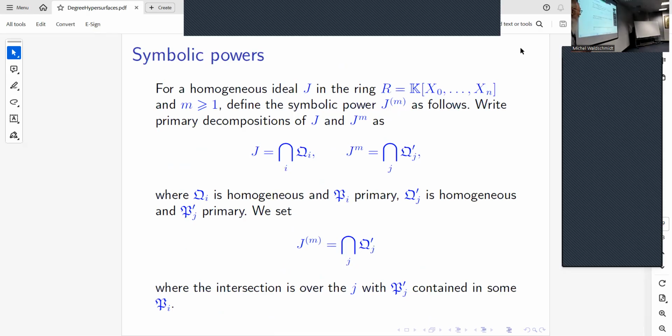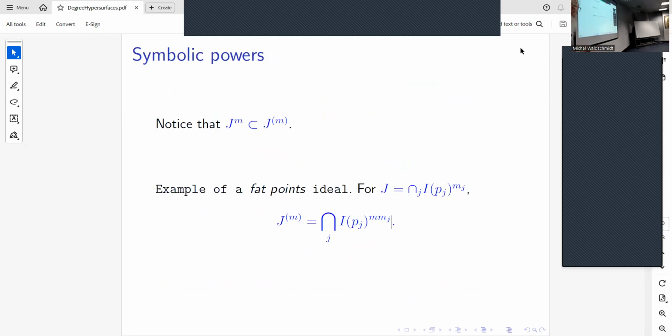We can do it in general, and for that we have to use the primary decomposition of an ideal, and we take only the components which are contained in primes which are contained in I, just to say that the symbolic power exists in general for any homogeneous ideal. And we have this: J^n is contained in J symbolic.